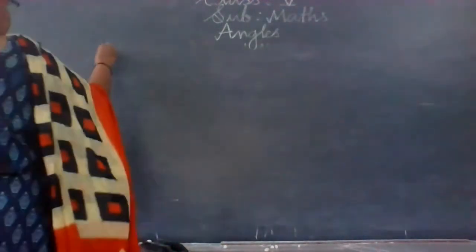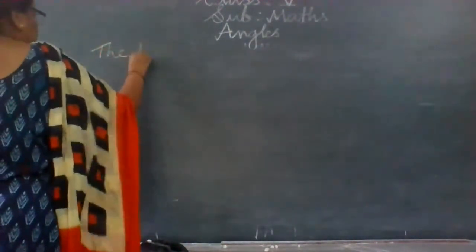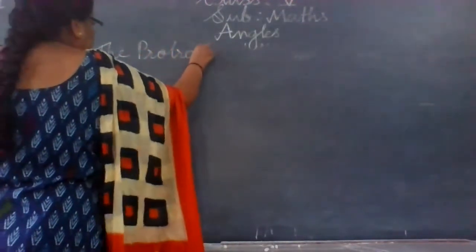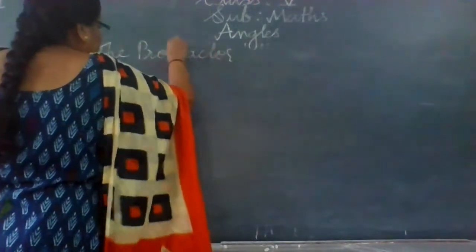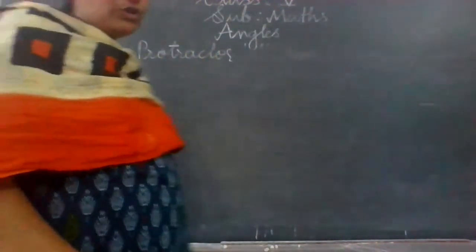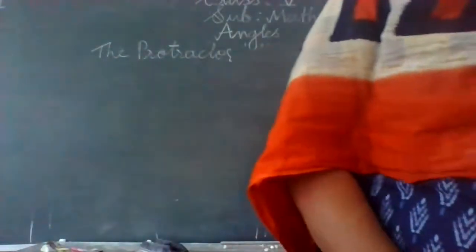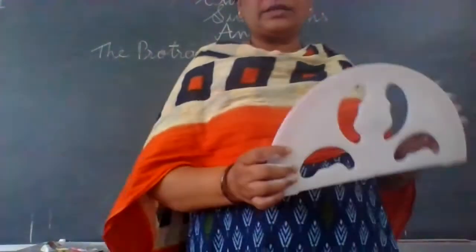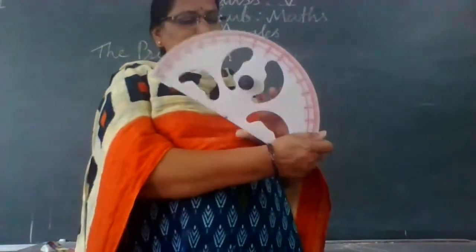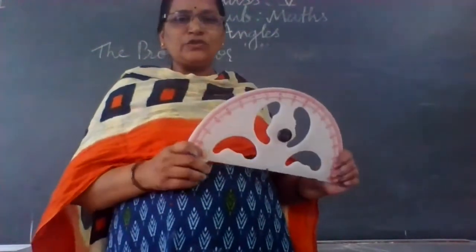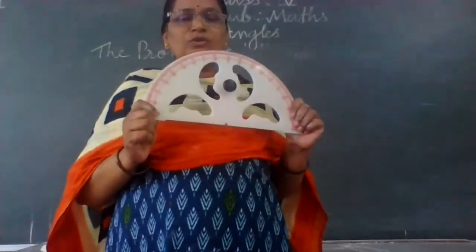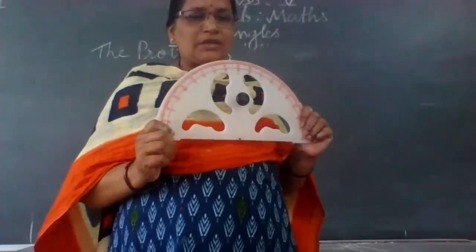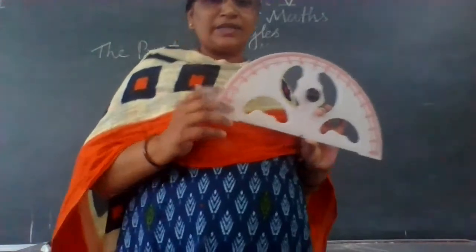So what do you mean by protractor? Protractor is an instrument. See, beta, it is a protractor. It is used to measure or to draw an angle. What is the shape of this protractor?